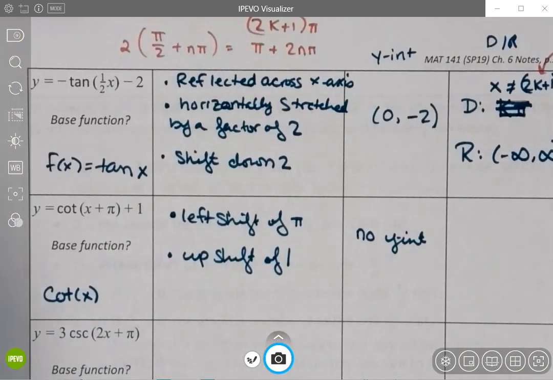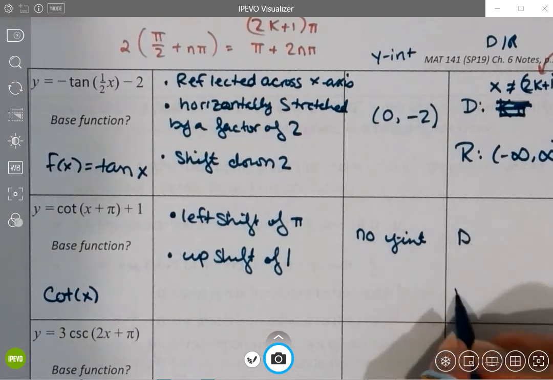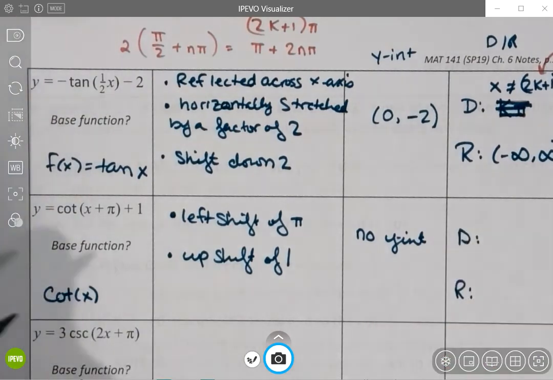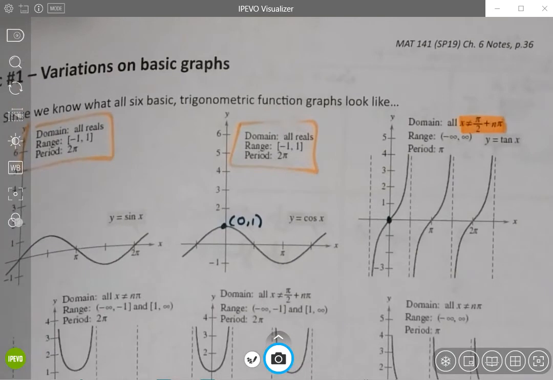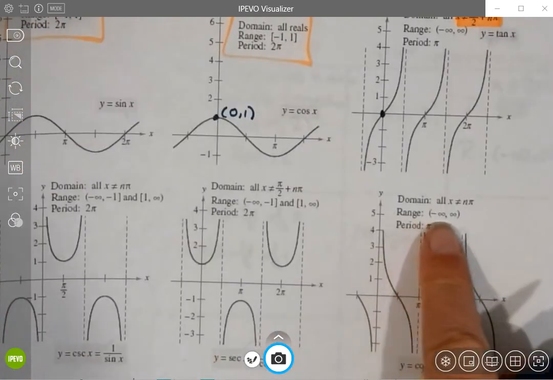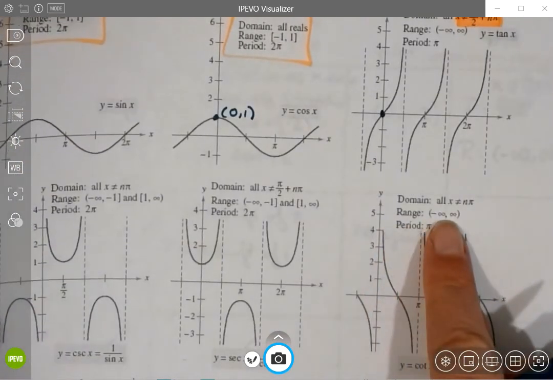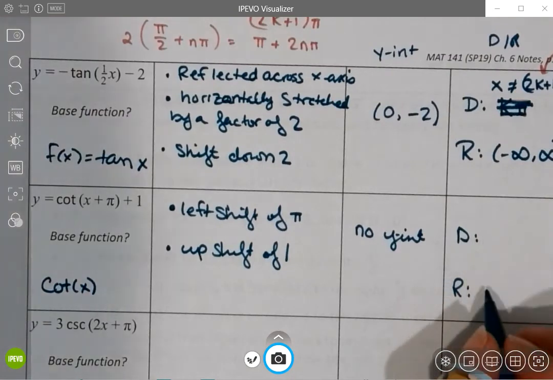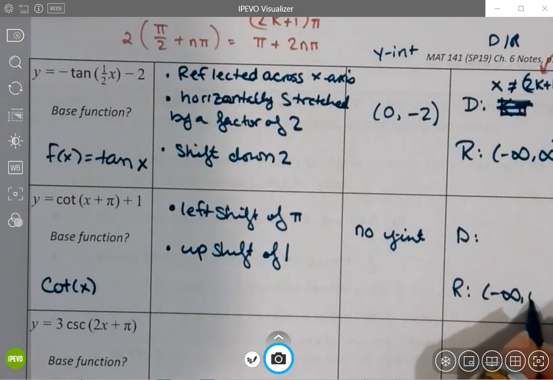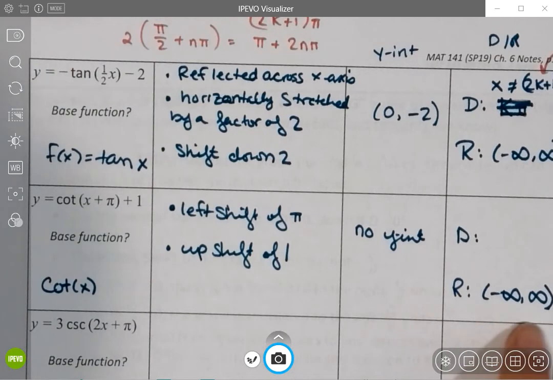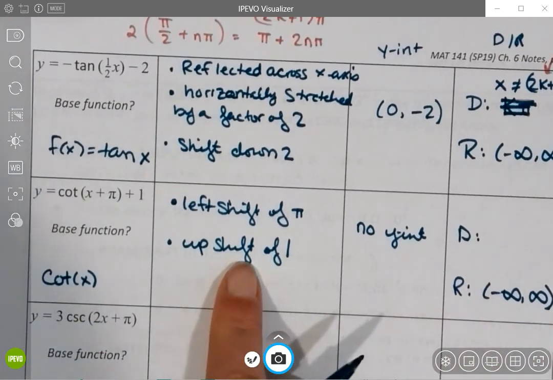All right, and then our domain and our range. Okay, we might as well do the range first because the range is the easy one. It's negative infinity to positive infinity, so our cotangent range is going to stay infinite no matter what transformations I apply to it. You take infinity and you add 1 to it, you're still at infinity.